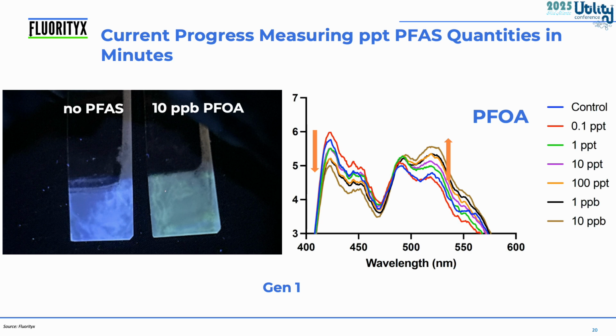When we've taken this technology and transferred it into the Fluorityx lab, we've had some success. We've coated the polymer on some glass slides, and on the picture on the left you can see that the glass slide that did not have exposure to PFAS shows a blue emission when you shine an ultraviolet light on it, and when it was exposed to 10 parts per billion of PFOA, it changed its color.